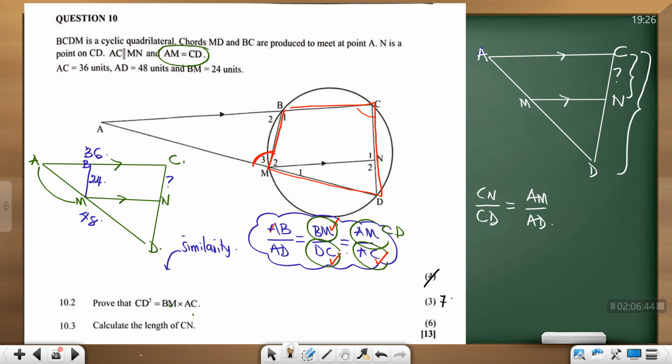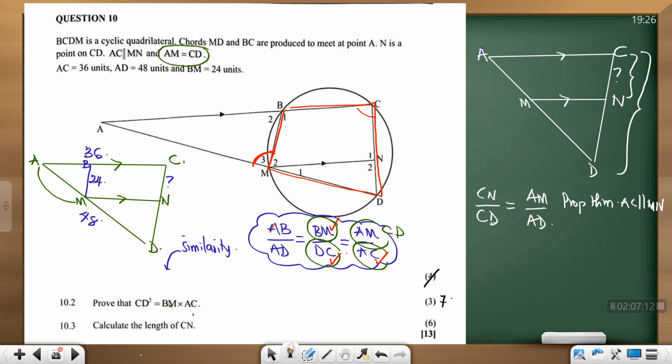What would be my reason? Proportionality theorem. I said this at the start. And what are we going to have? AC parallel to MN. You must always state that. What am I looking for? CN. Do I have CD? No.